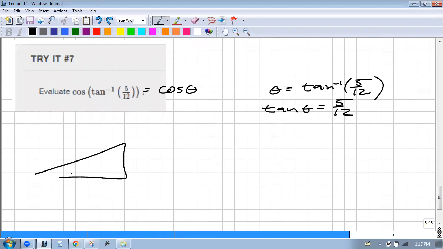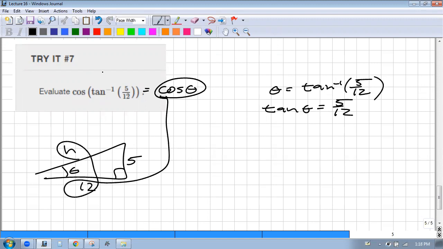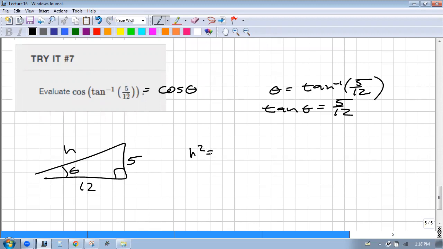Okay. Well, let's see. Tangent is opposite over adjacent. I need my hypotenuse because cosine is adjacent over hypotenuse, right? So if I can get my hypotenuse, let's see, 5 squared is 25, 12 squared is 144. So square rooting both sides, square root of 169 is 13, I think.